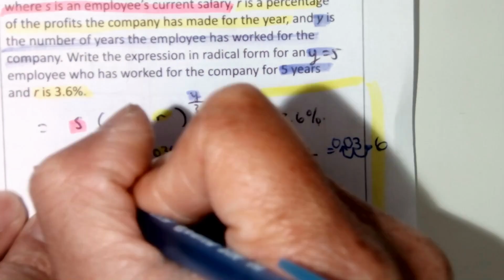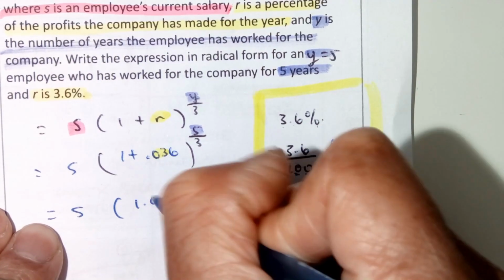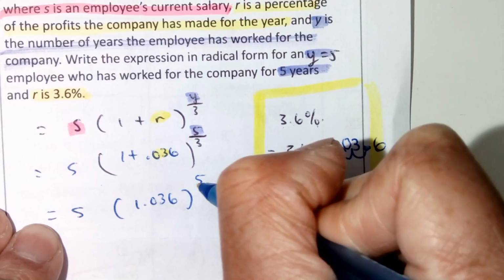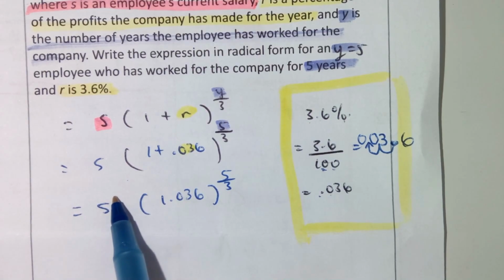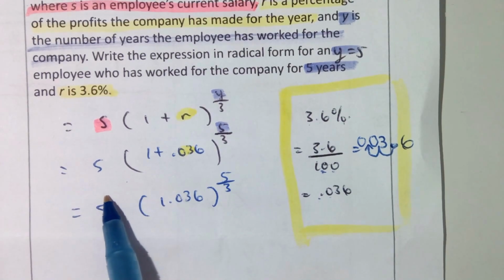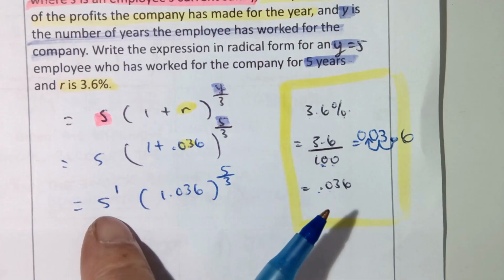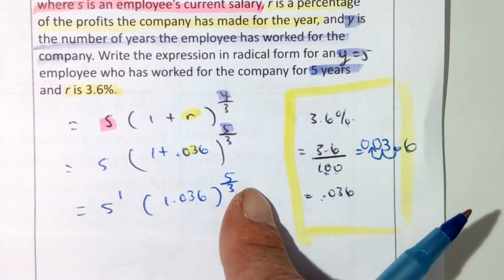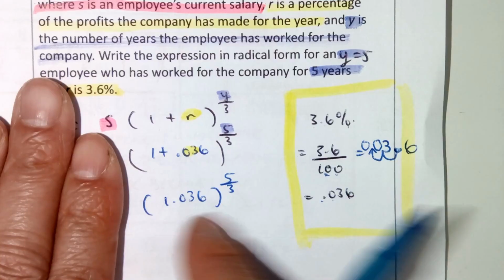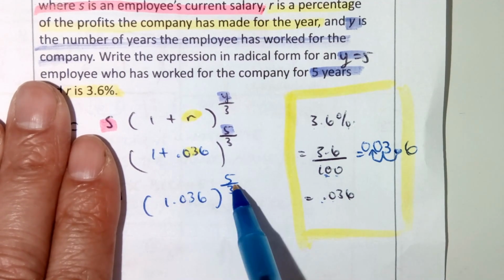Okay, so I put my R value of 0.036, so I have S times 1.036, that goes together and you get 5/3. Okay, I want you to notice that S is to the first power and is not associated with the 5/3. That means only the right side is going to have the radical, because that's a rational exponent, a fractional exponent.